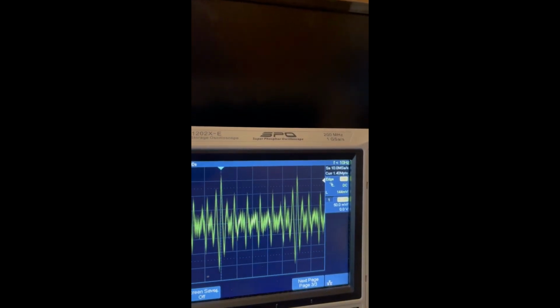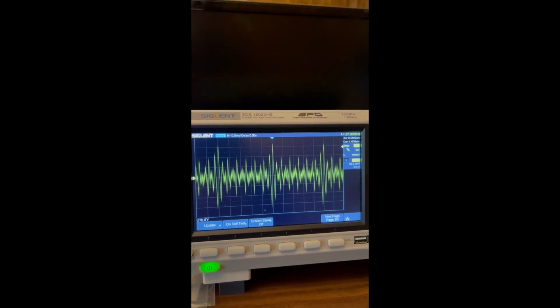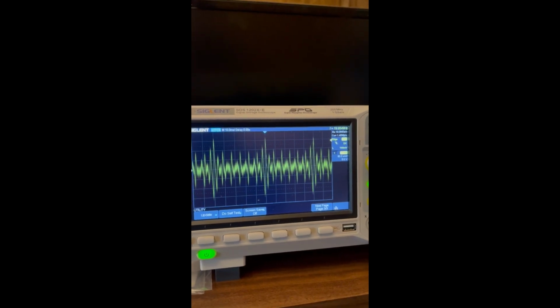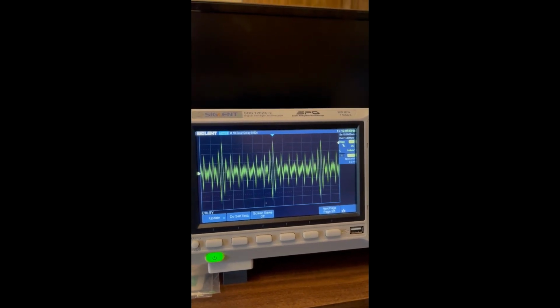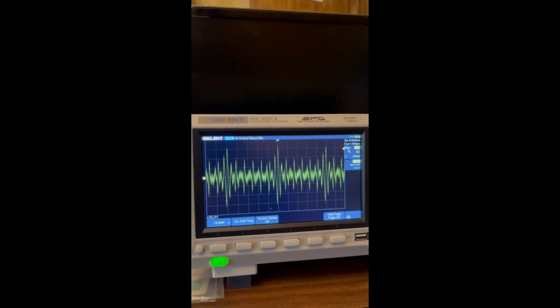And we can see we're at 10 milliseconds per division, and running at about 50 millivolts per division vertically. 10 milliseconds horizontally per division, on the Siglent Super Phosphor Oscilloscope. I really like this scope. And that ends this display.